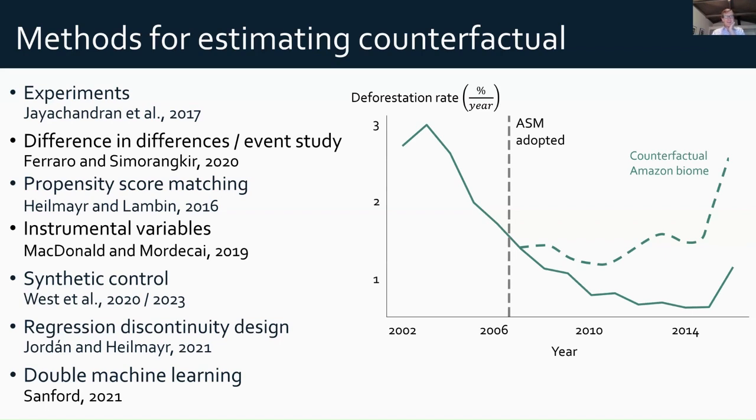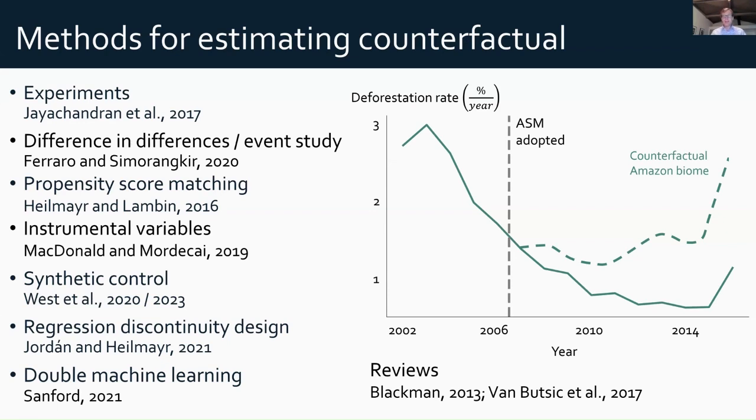I know there's people in the audience that might not be super familiar with all these different methods. There's some nice reviews specific to conservation and deforestation that are really great resources to introduce the key ideas of these different quasi-experimental methods. But the point here is that all of these different methods, their primary goal is really just to calculate what this counterfactual might be. There are different ways to get at that.